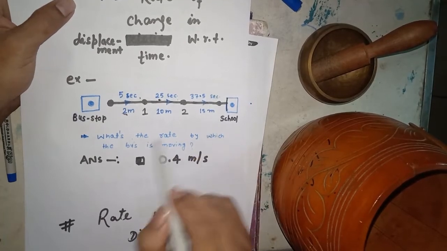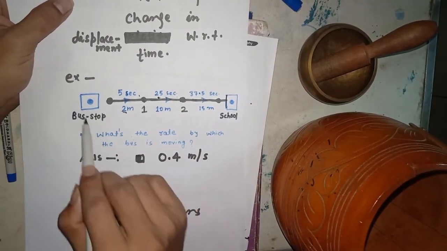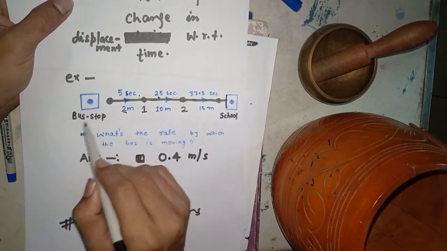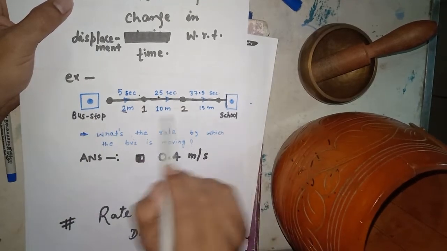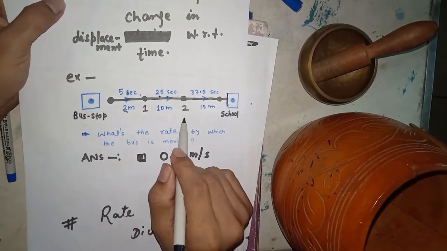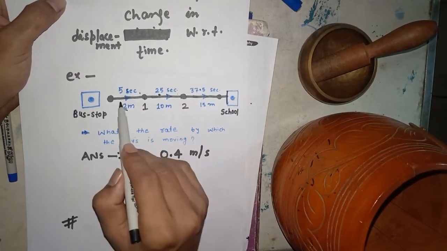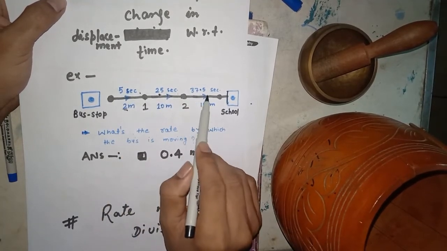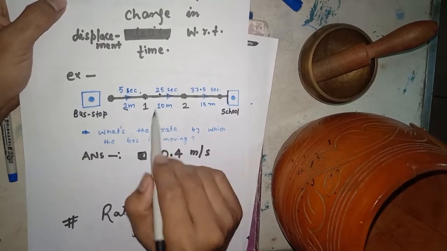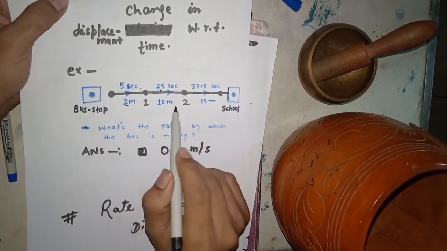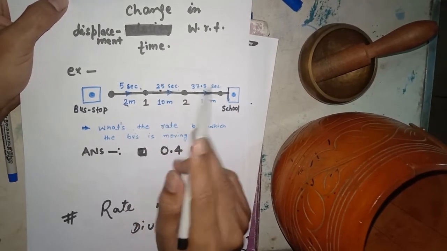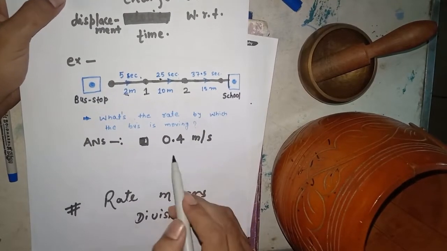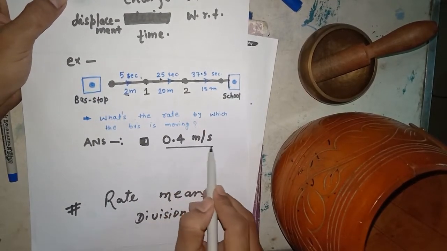So what would be the rate at which the bus is moving from the bus stop to school? Here it is a straight line, so we do not have to bother about direction. I am only taking the magnitude. So I give you the answer: it is 0.4 meter per second.